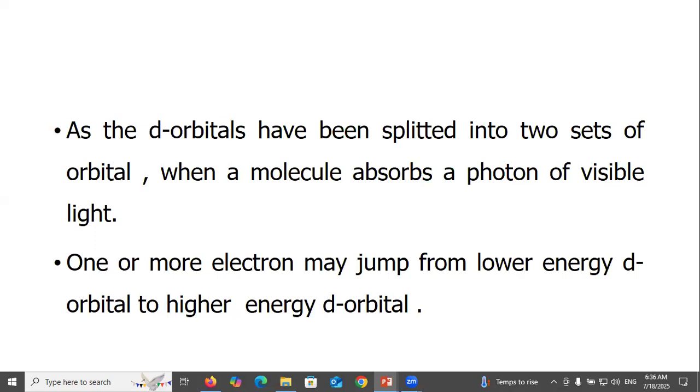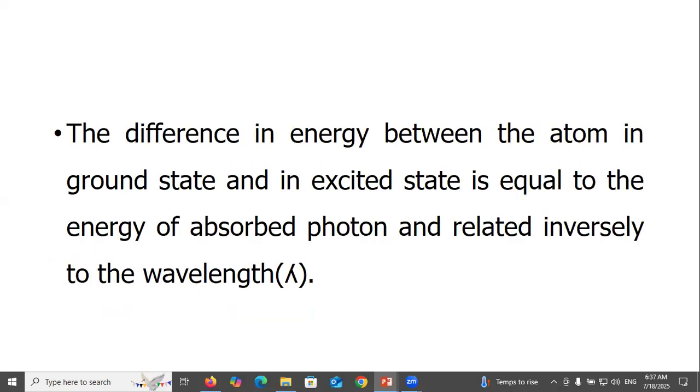When a molecule absorbs a photon of visible light, one or more electrons may jump from a lower energy d orbital to a higher energy d orbital. The difference in energy between the ground state and the excited state is equal to the energy of the absorbed photon and is related inversely to the wavelength lambda.